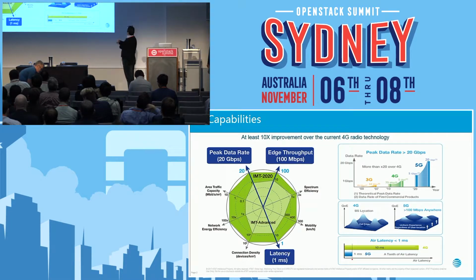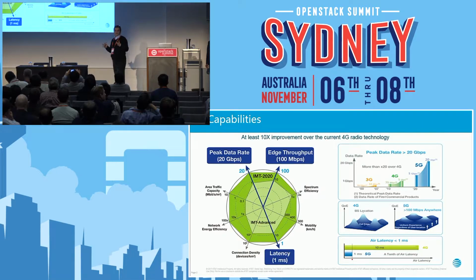So if you come back to here, you will see that data rates gradually increase with each generation, and the same applies to previous generations of networks, 3G and 4G. You have a fixed set of boxes with certain capabilities at certain locations.